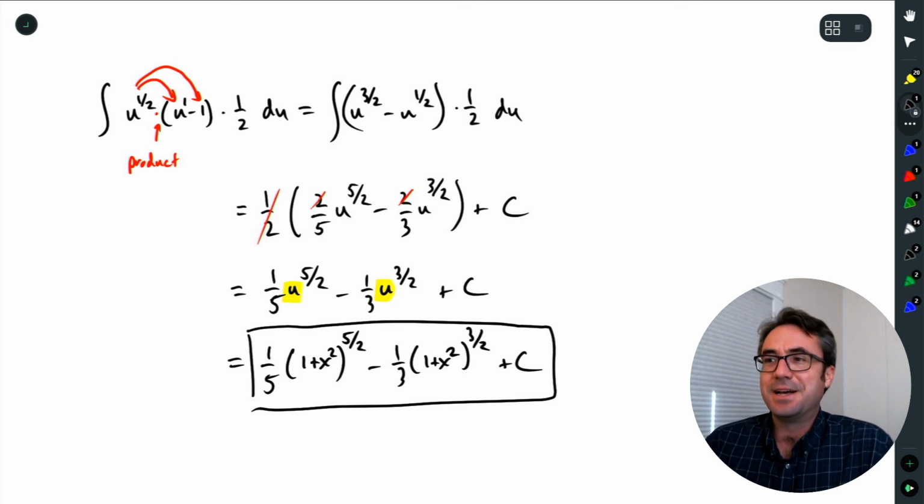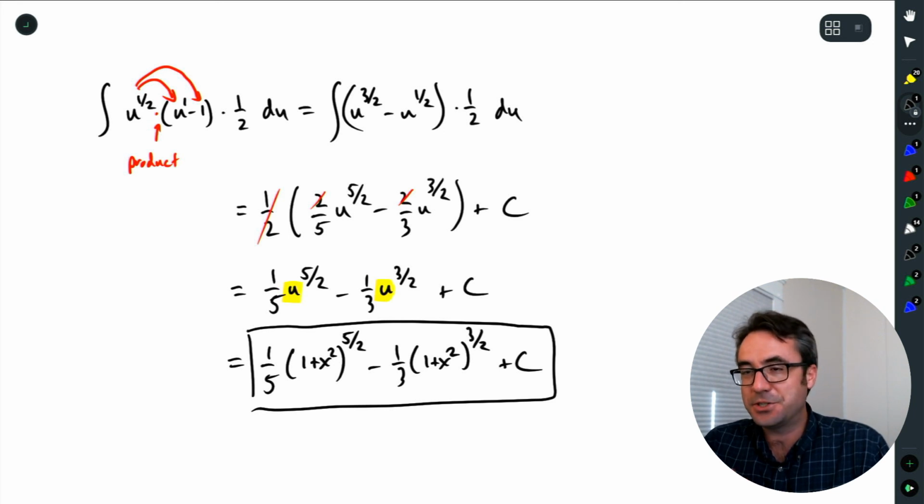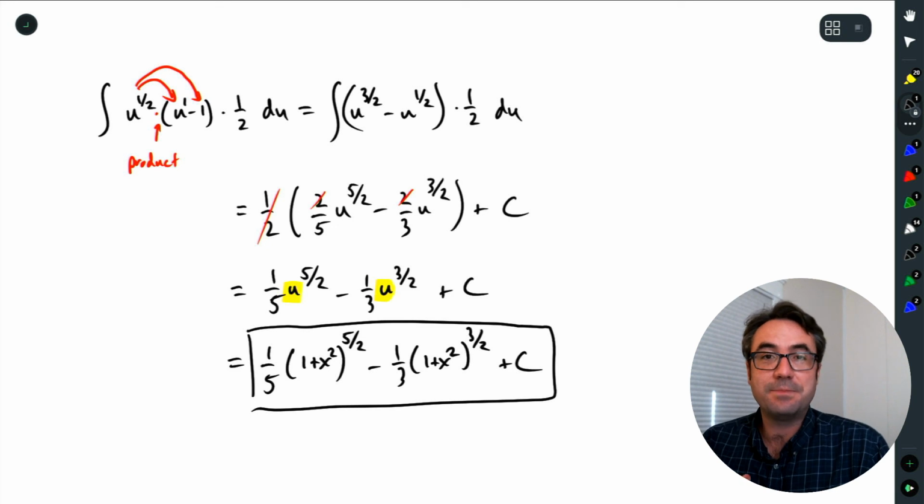All right, so a lot of examples for substitution rule, but the reason is because substitution rule is incredibly important for finishing up the integration sections in Calc 1. Going into Calc 2, substitution rule is incredibly important. And it really kind of makes or breaks your Calc 2 experience.